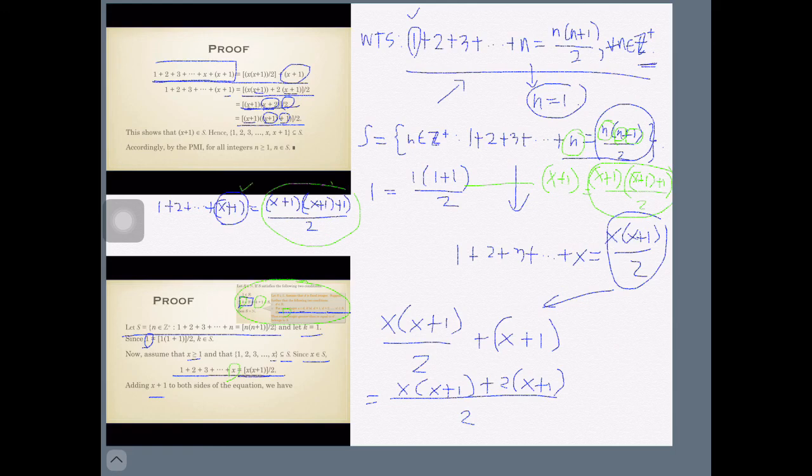There. Alright, so consequently, by PMI, this series right here is true.